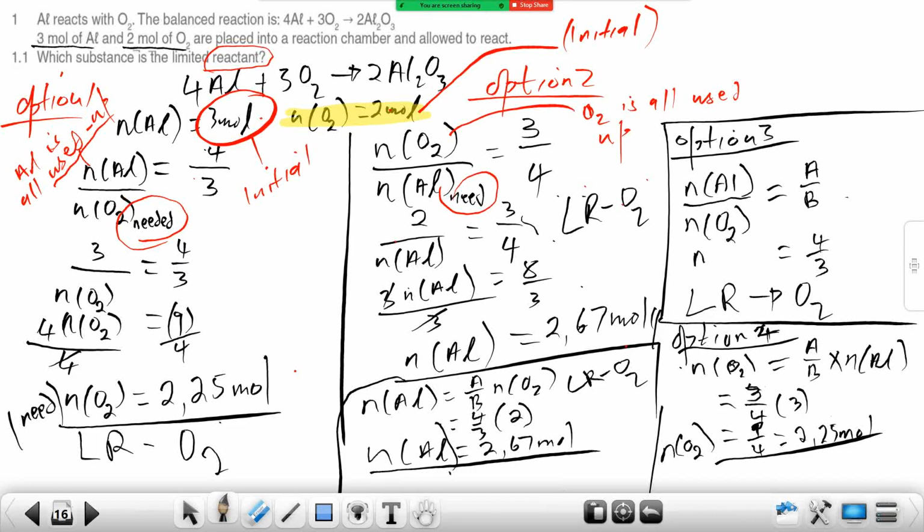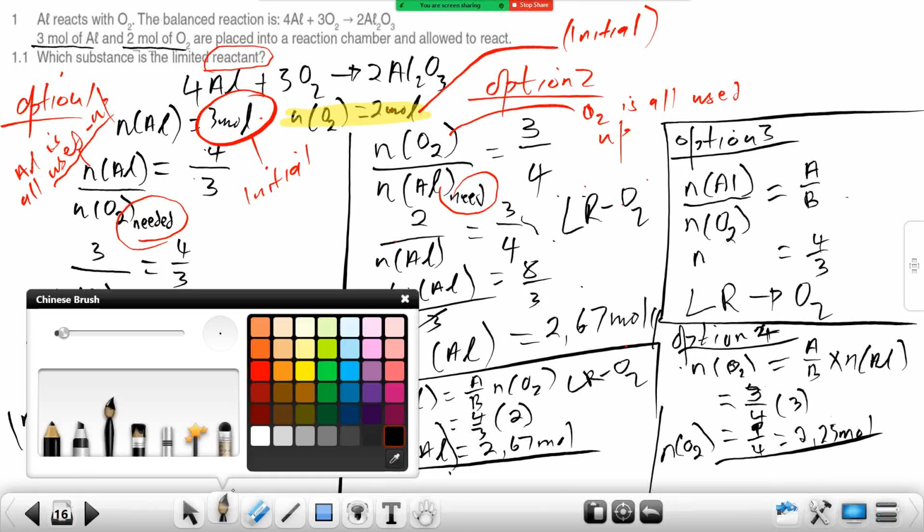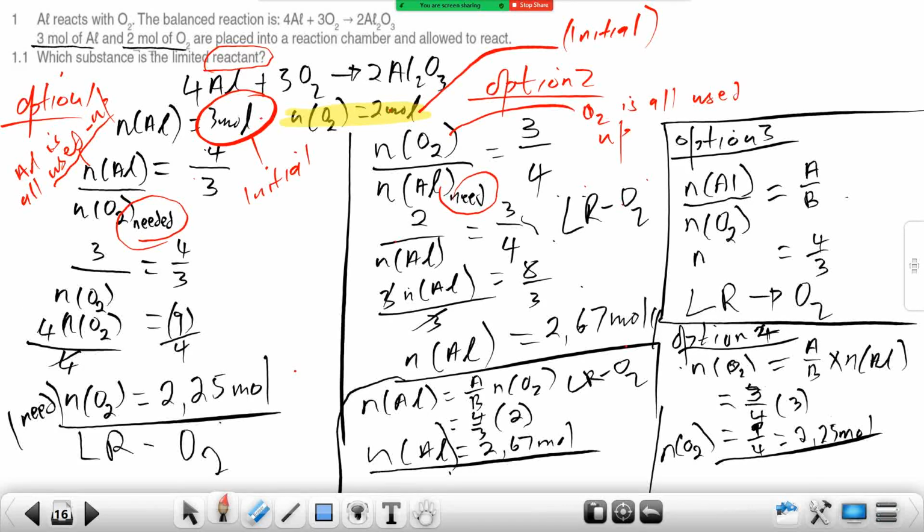So if this is the case for Jerry, he's comparing the number of moles. But if you check this section here, let me get a red pen. This section is my option 1. This section is my option 2.